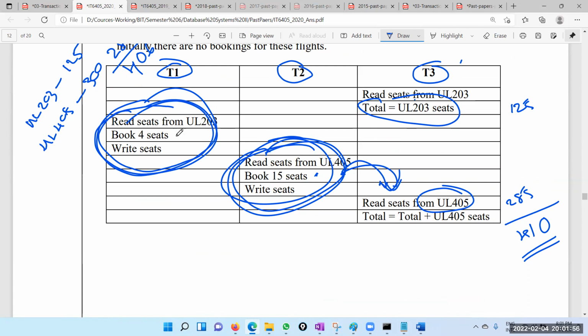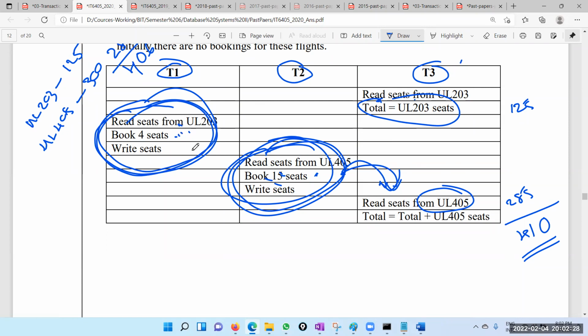But this is actually two different records. So I don't 100% agree that this is an inconsistent summary. But the way the examiner has presented this, he is looking for the inconsistent summary issue, though I don't think this is the perfect example for it, because they are two different records.